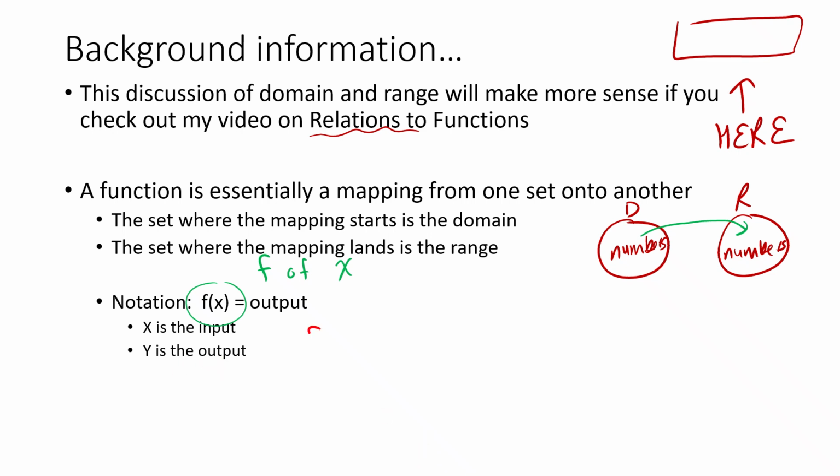So sometimes you might see f of x is equal to y, simply indicating that x is your input, meaning it's in that first set of numbers, and y is your output, meaning it is in the second set of numbers. So that gives us a little bit of background information, and it does help if you know a little bit about sets there.